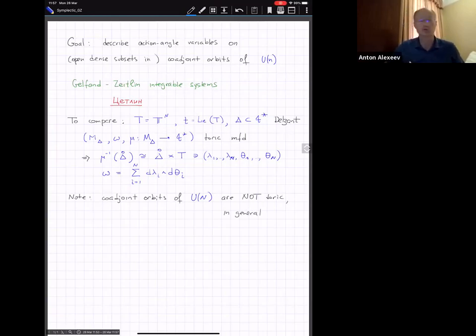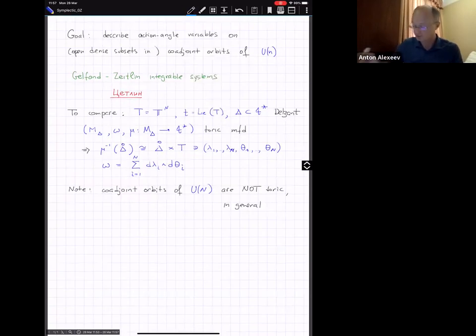So some of them are toric, but most of them are not toric. And so we want a similar construction, but for symplectic manifolds which are not toric. So we'll see in different kind of instances, different facets where this difference will manifest itself.